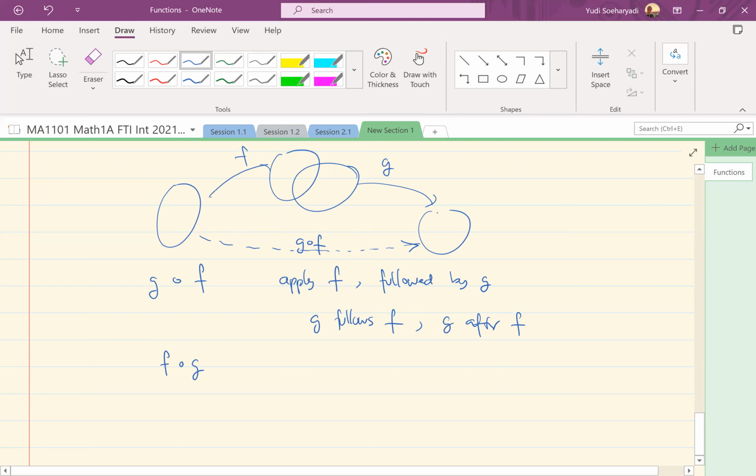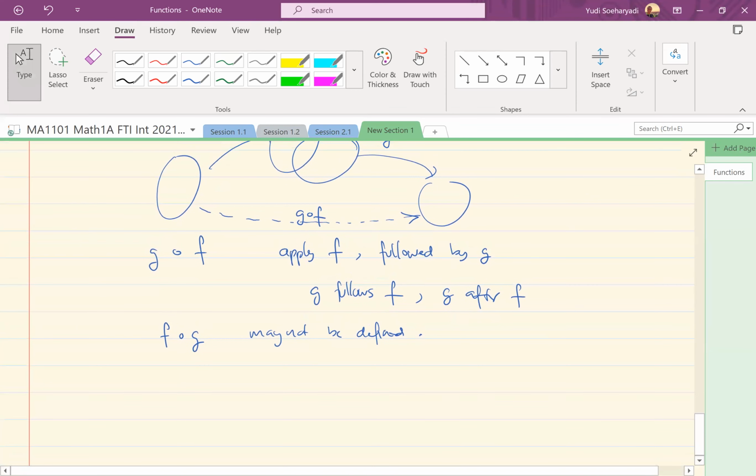Because g and then f, well, it doesn't go anywhere. It may not be defined. So compositions can only be defined in this situation.